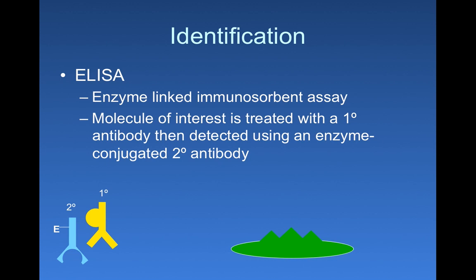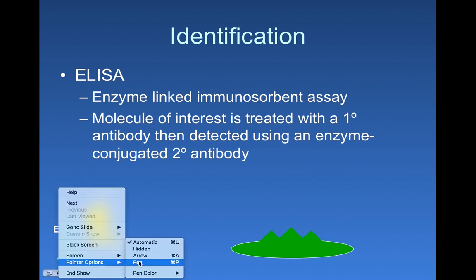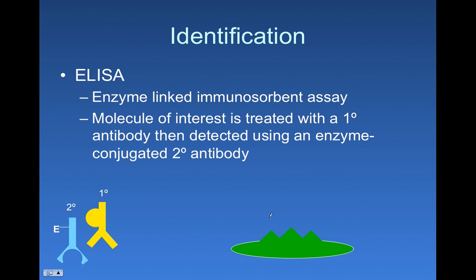Now, it's polyclonal because there's probably lots of different antibodies that bind to lots of different places on this Ebola protein. One antibody might bind here, one might bind there, one might bind there. We're just taking the whole serum from the rabbit. So any antibodies that bind to it are going to be in there.